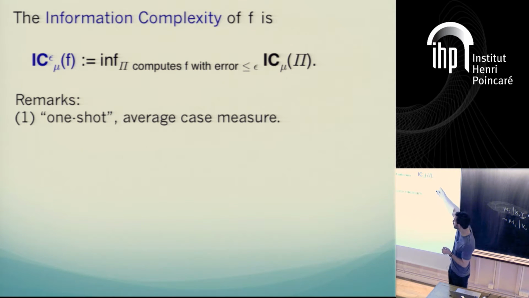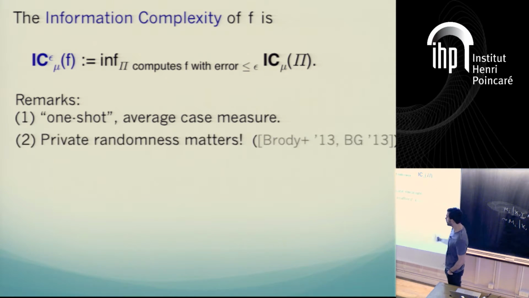And as we said, regarding your question, this is an average case measure, simply because information is defined as an average case measure. This will not be such a big deal, but this is one difference between information and communication.